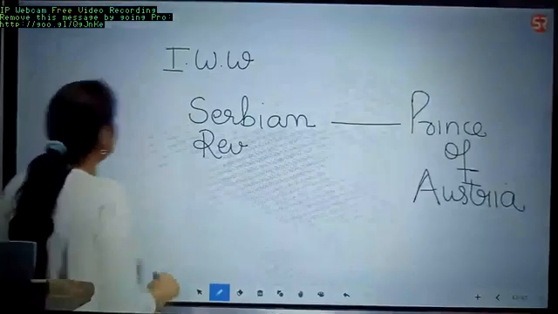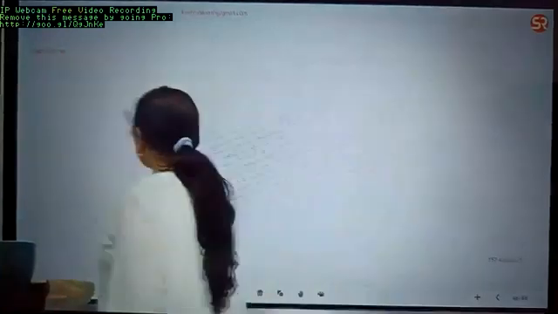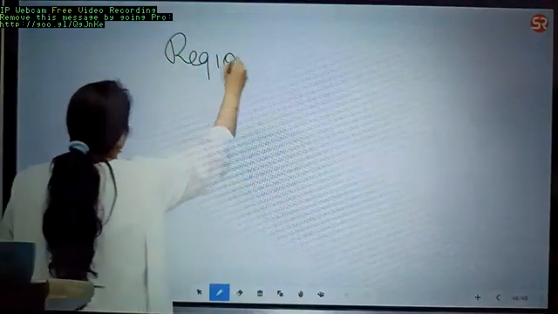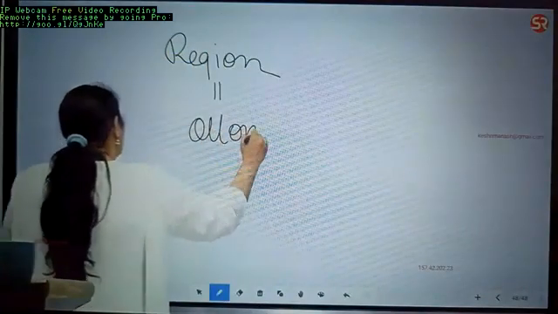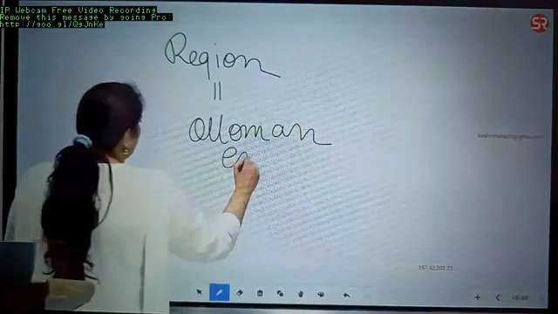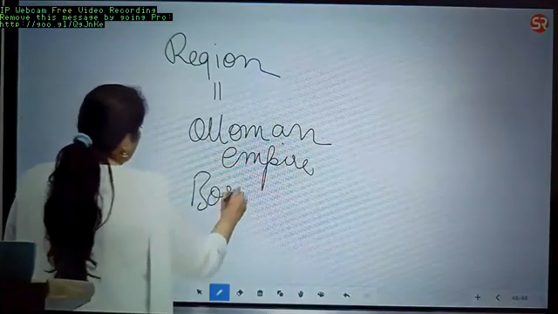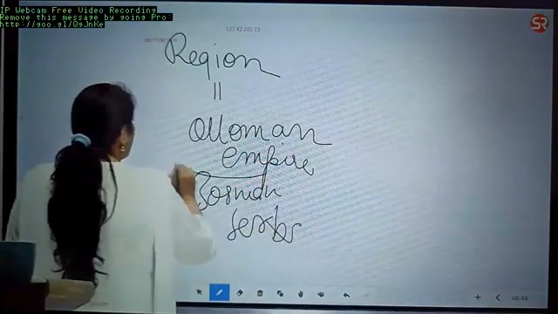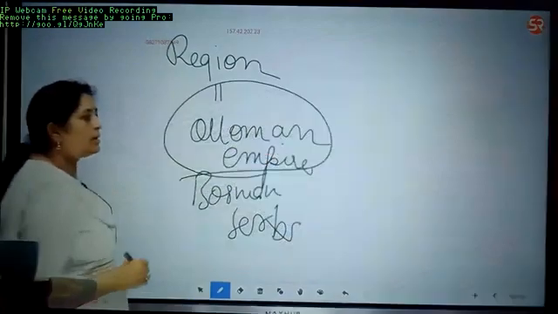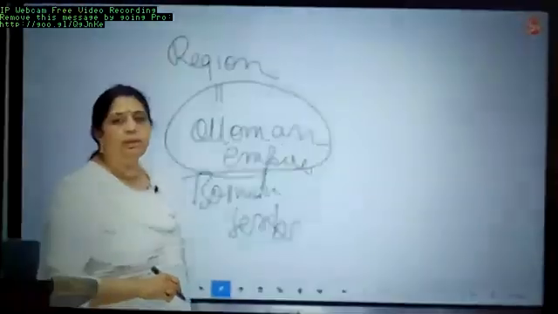Now, at that point of time, these regions, Serbia, Bosnia, Herzegovina, were under Ottoman Empire. And there were nationalities, Bosnians, Serbs. They were demanding their independence from the Ottoman Empire.